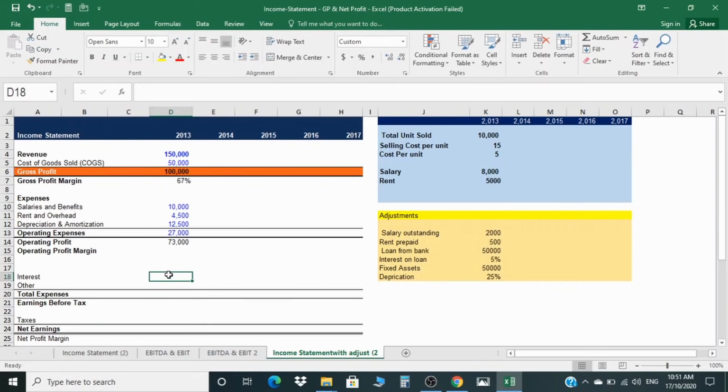Now what we can do, take your interest: how much loan you got is 1500 into 5%, so you will get your interest 2500. Others, if you have others, put them; if you don't have, you don't need it. So total expenses.